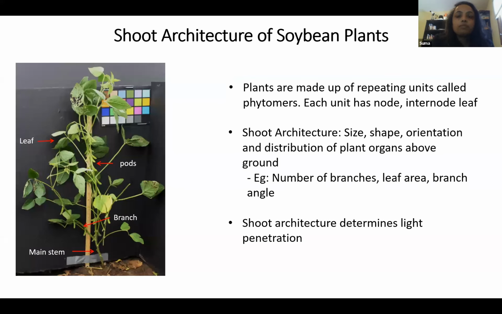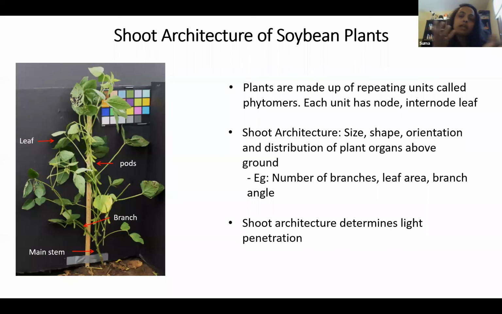So to define what we've been talking about, shoot architecture is essentially the overall size of the plant, the shape of the plant, the orientation, and the distribution of these little units that I talked about, the simple units, how they are placed to form the main frame that makes the overall shoot architecture.